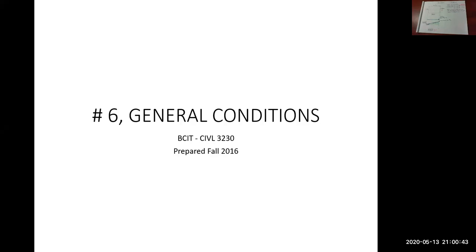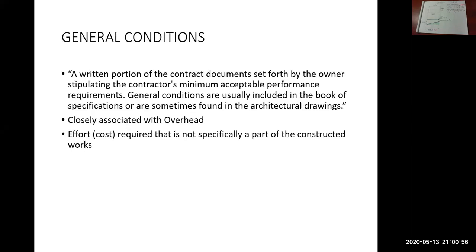Okay, so general conditions. These are also sometimes referred to as indirects or indirect costs. General conditions are a written portion of the contract documents set forth by the owner, usually included in the book specs.